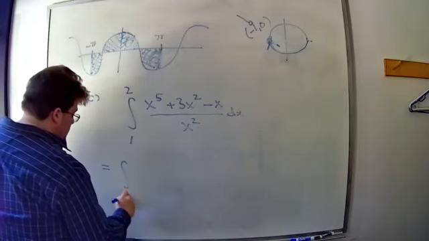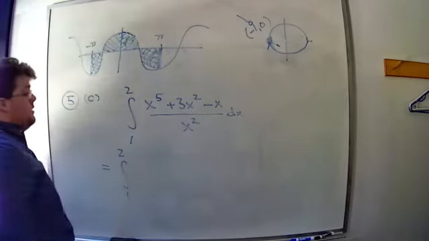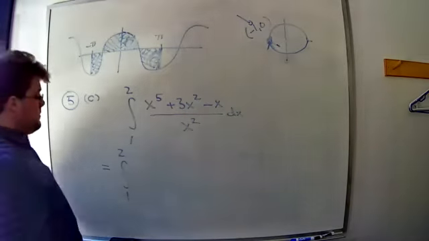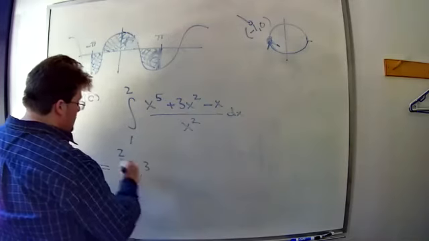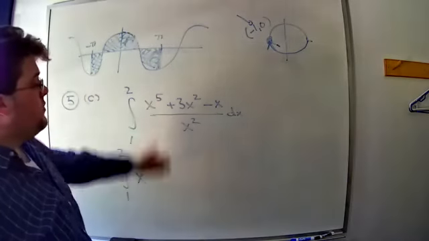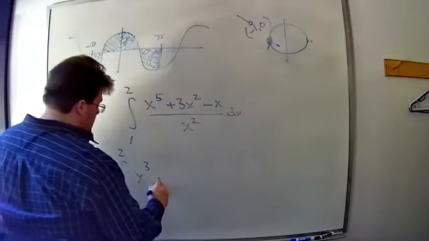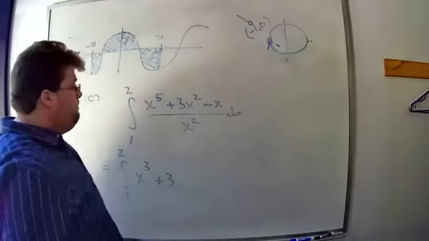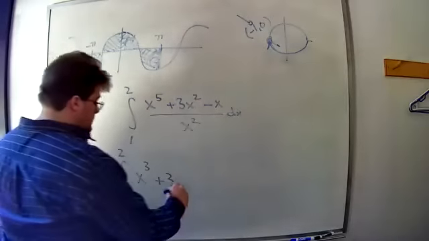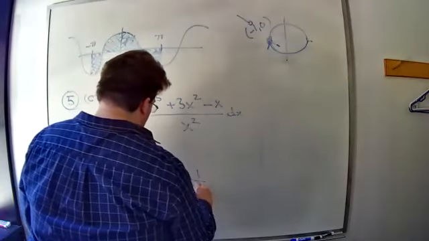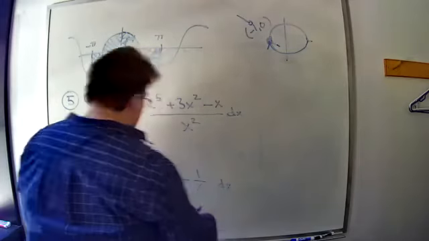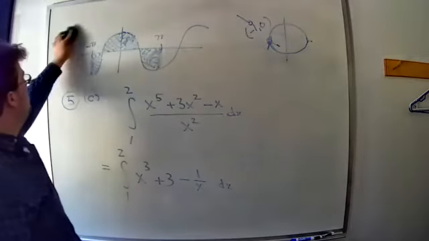But what we can do is reduce the fraction. X to the 5th divided by x squared is x to the 3rd. 3x squared divided by x squared is 3. X divided by x squared is 1 over x. And there's a negative on that.